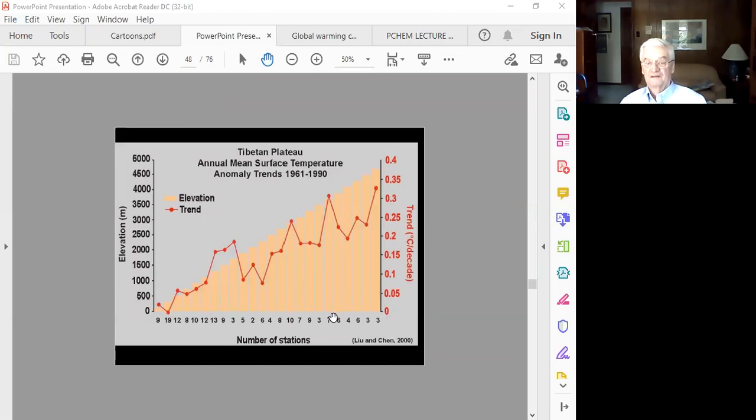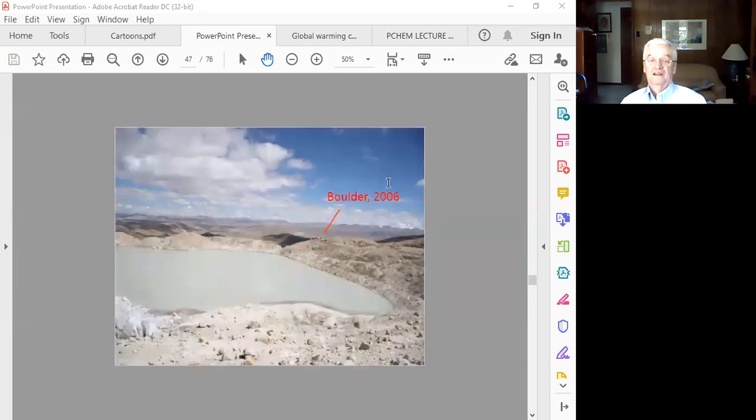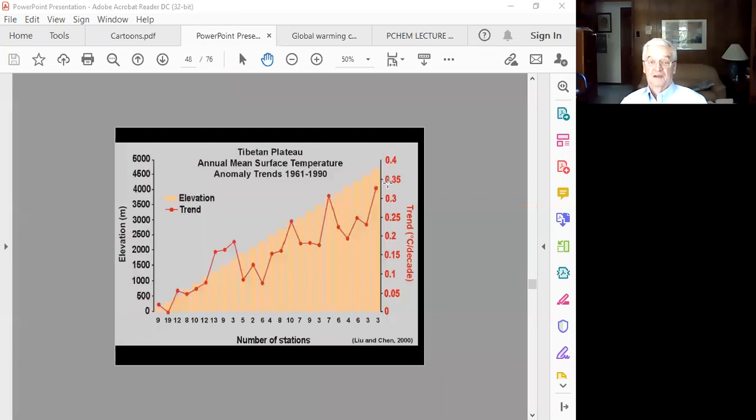I'm not sure what the number of stations count is, but this is a trend in degrees centigrade per decade. So this would mean in 100 years, you'd get something like a 3.5 degree temperature change.